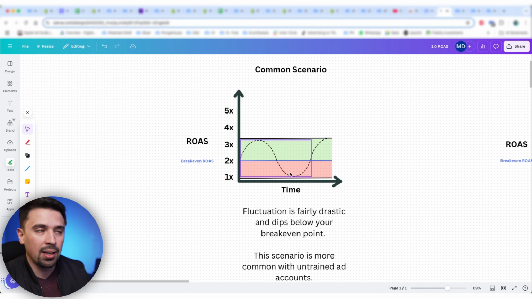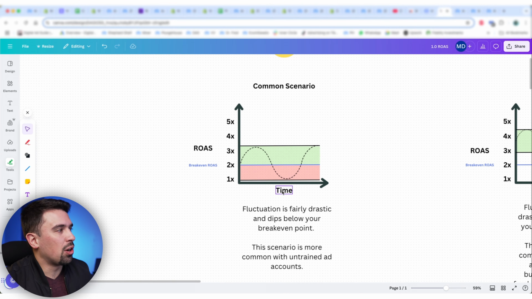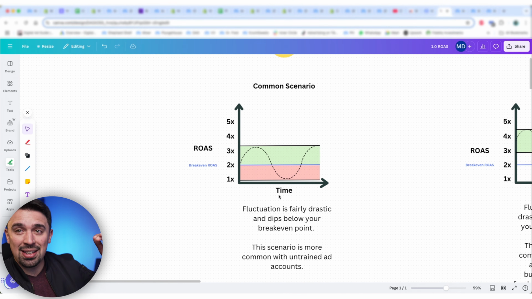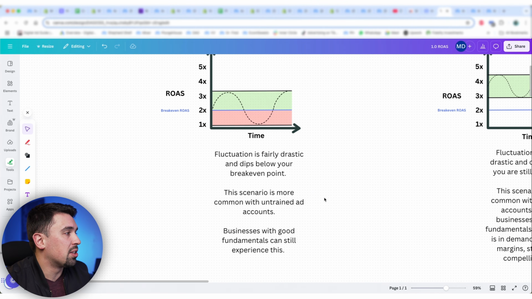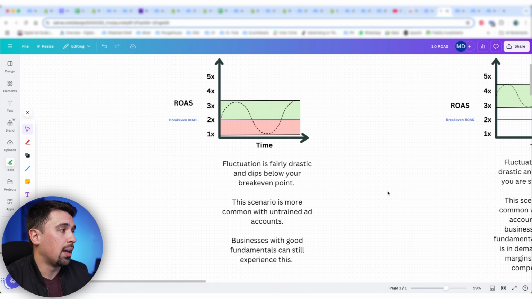You're losing some money. This is what I was talking about in the intro of the video, where you have a good day and then it's followed by a bad day that literally just cancels out the good day, right? And you can also see that the fluctuations are pretty drastic, kind of a wide range there, okay? This scenario is more common with untrained ad accounts, okay?